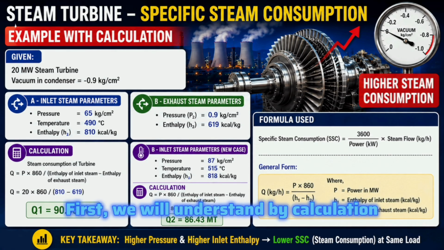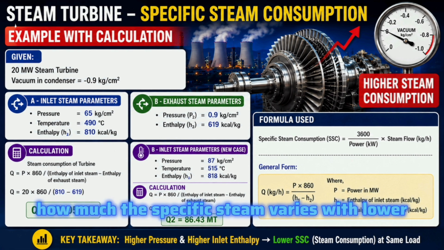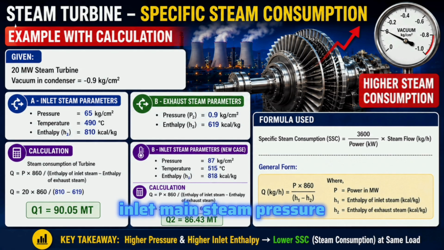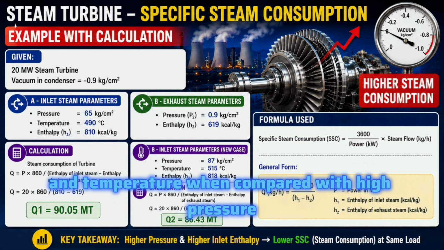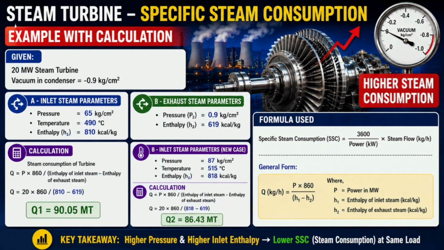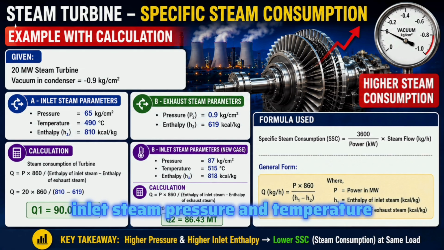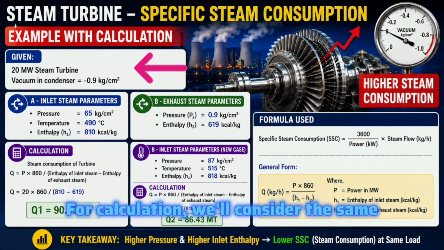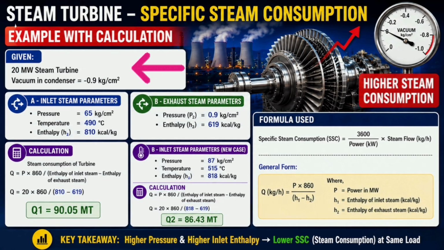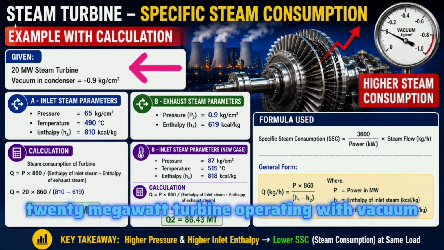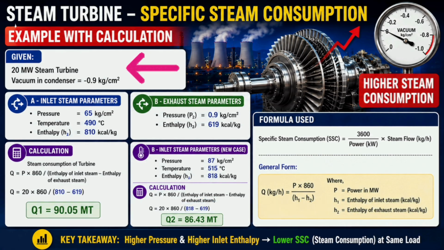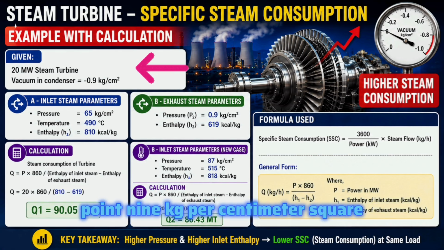First, we will understand by calculation how much the specific steam varies with lower inlet main steam pressure and temperature when compared with high inlet steam pressure and temperature. For calculation, we will consider the same 20 megawatt turbine operating with vacuum 0.9 kg per centimeter square.